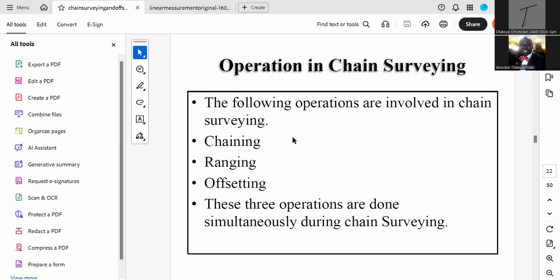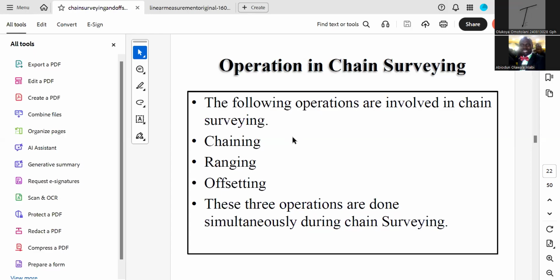So we use chain or tape for taking linear measurements. That process is called chaining. Then ranging is the process of establishing intermediate points along your line of measurements while taking your distance or linear measurements.